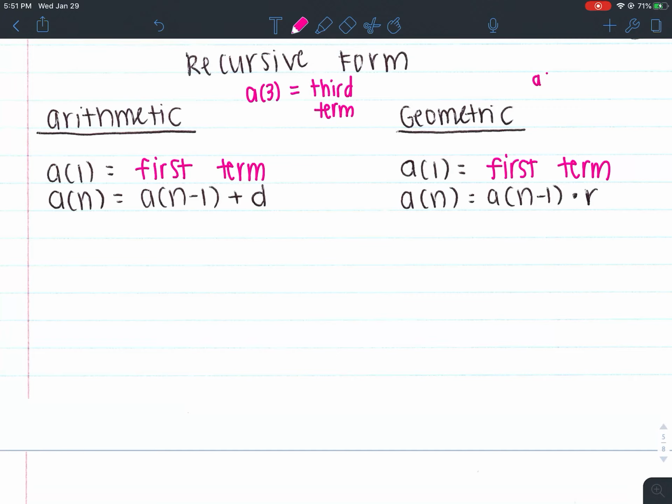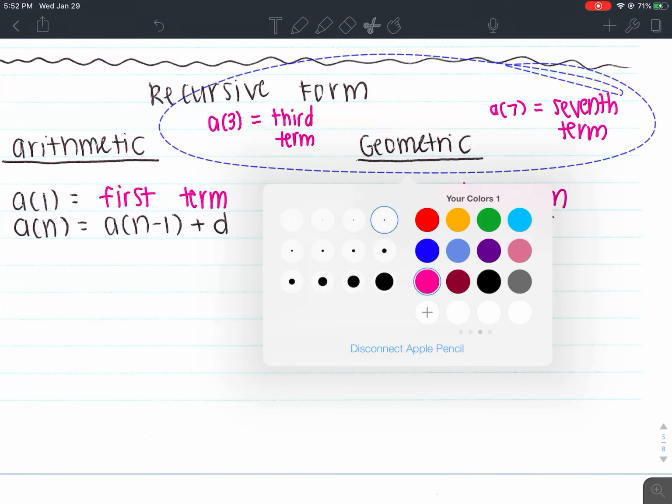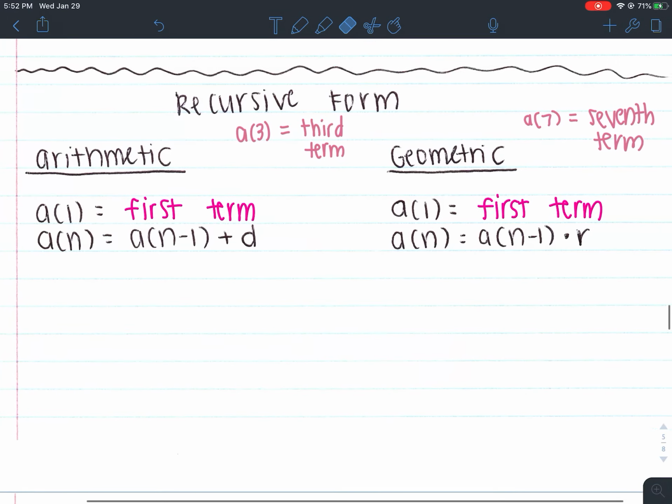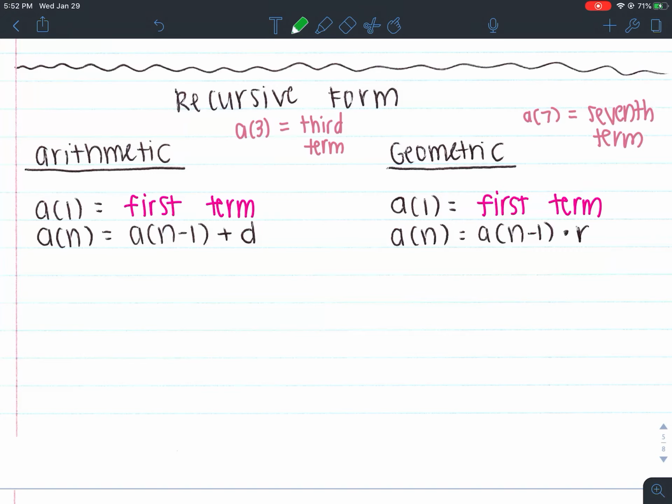And a of 7 would be the 7th term. Whatever number is in there, that's the term number. So if I'm asked to find a of 5, I'm asked to find the 5th term. It's not that it's super hard to understand; when you look at it for the first time, it looks a lot scarier than it actually is. So a of 1 means the first term, and so on.